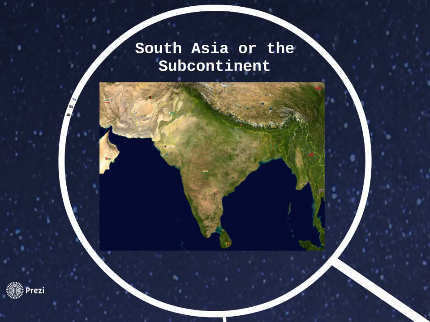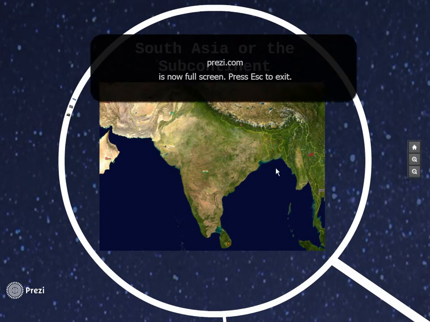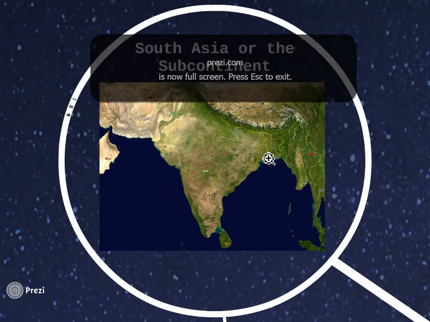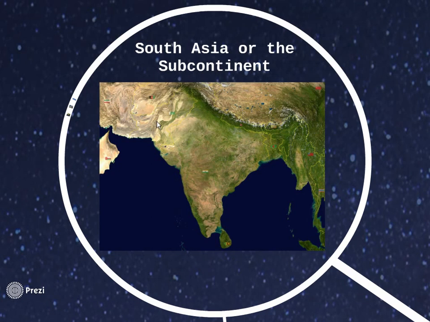Now, if you look at the Indian subcontinent, the reason it's called a subcontinent is because it hangs down below the rest of Asia. It's kind of like a piece of pie or something like that. You have the Arabian Sea over here, the Bay of Bengal down here, the Indian Ocean down here.